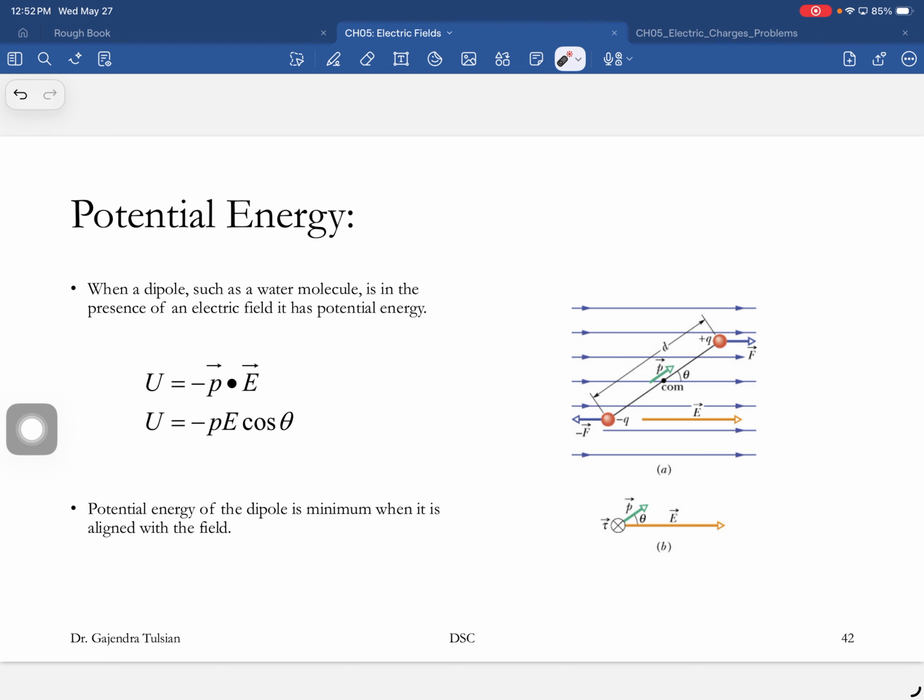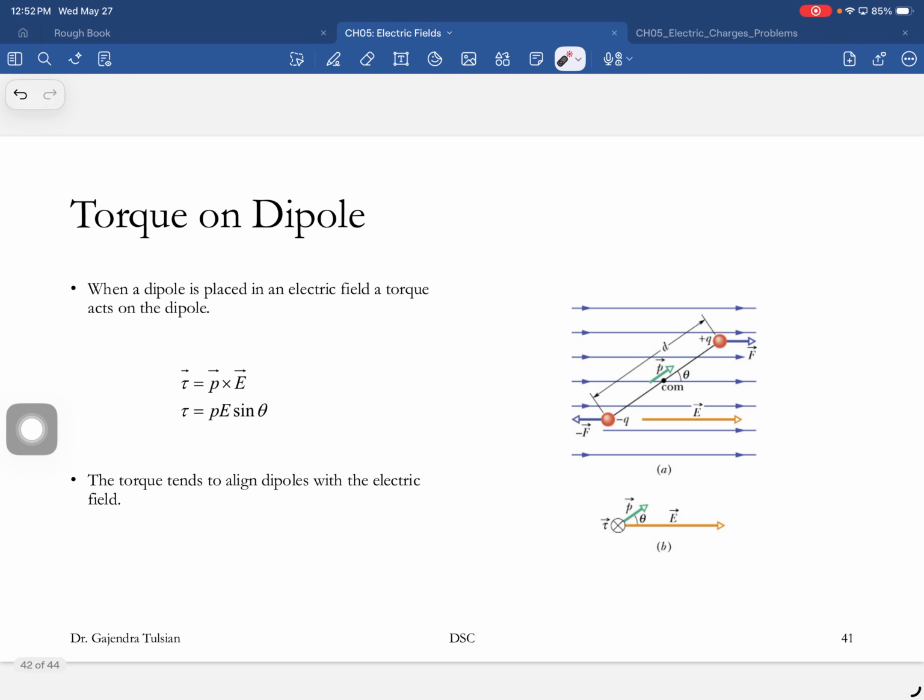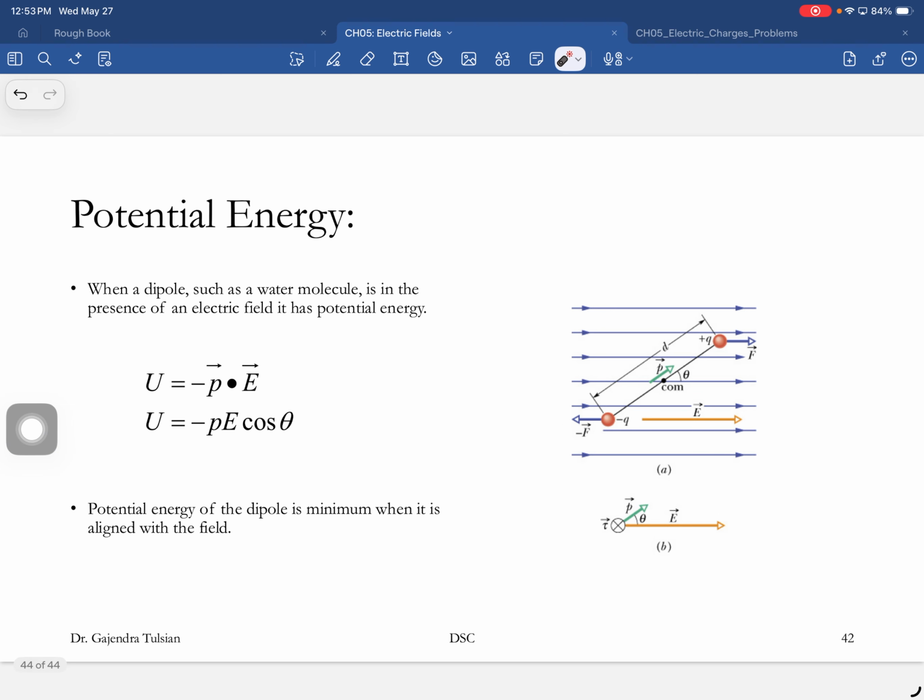The potential energy of the dipole in the presence of an electric field is given by minus P dot E. Again, with the torque, you can align the dipole, and when you flip the electric field, it goes back. So you can jiggle the dipole moment. All right, that finishes the concept.